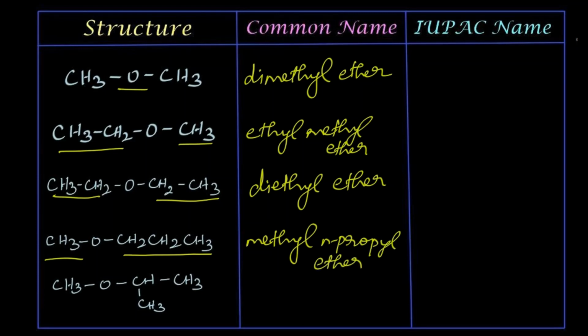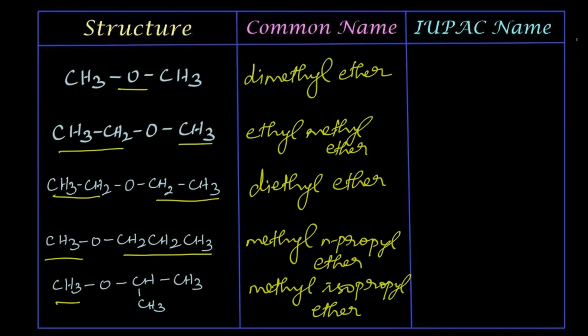And the last one in this slide, this is methyl, and this is propyl, but it is branched. If it has a single branch, we should name it as iso. So methyl isopropyl ether is the common name for the last one.